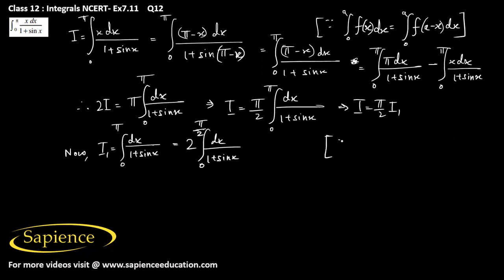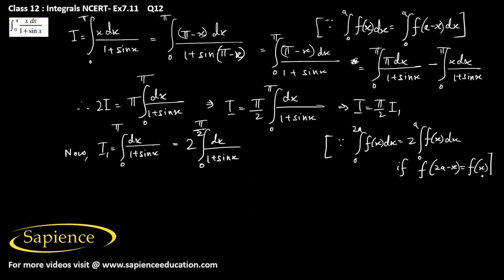Why? Since we know that the integral from 0 to 2a of f of x dx is equal to 2 into the integral from 0 to a of f of x dx, if f of (2a minus x) equals f of x.